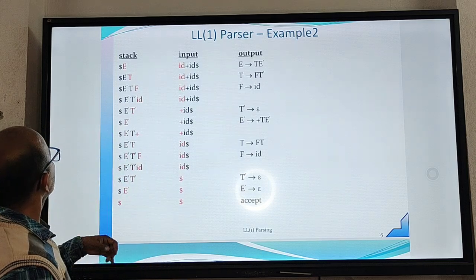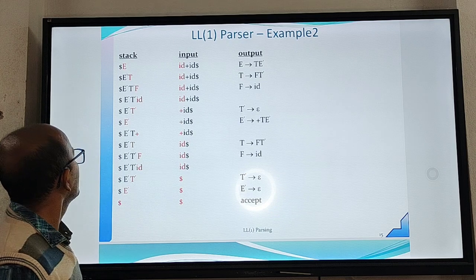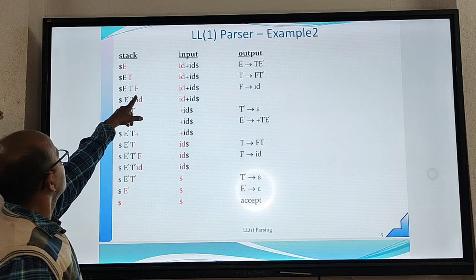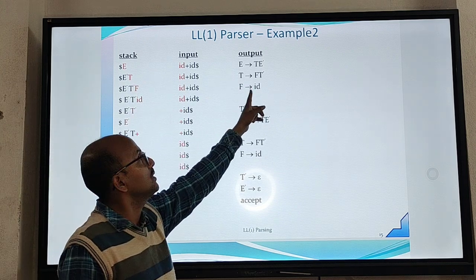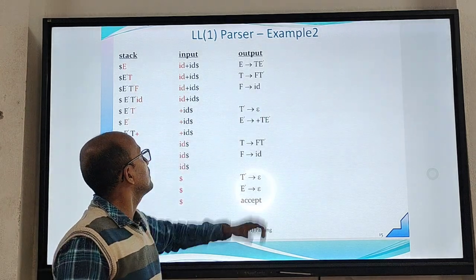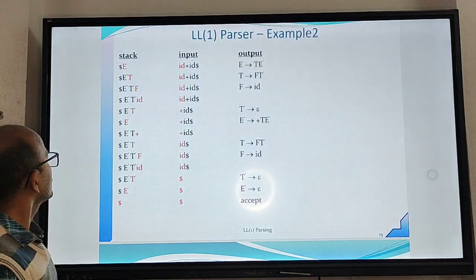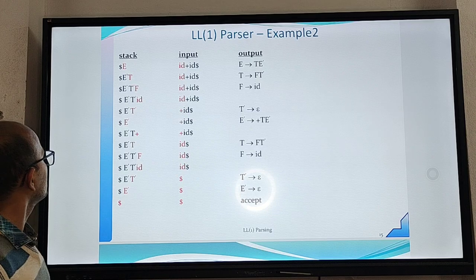So this T will be popped and T prime and F will be pushed here. So in this way, now we get F and the ID. In the parsing table, F and ID, we have the production rule F produces ID. So now ID and ID are matching. So now ID will be popped, and at the same time the input will be shifted leftward.